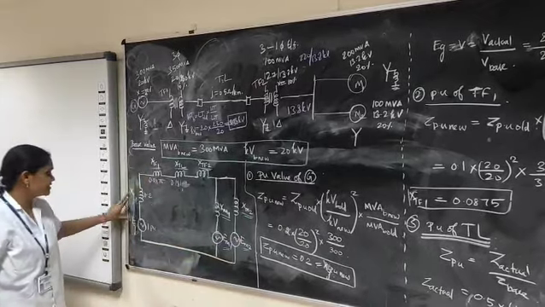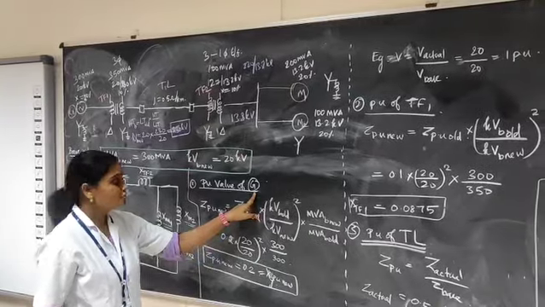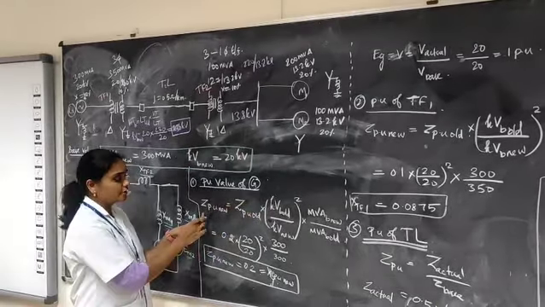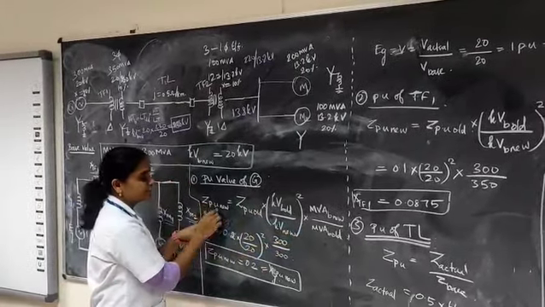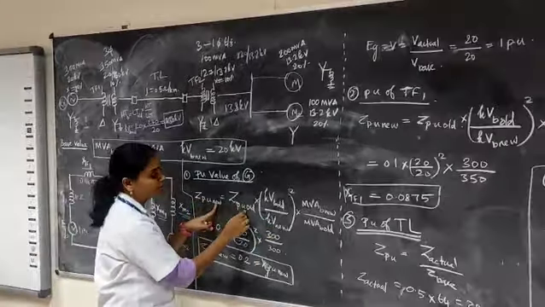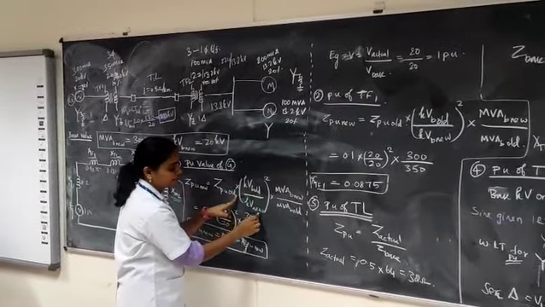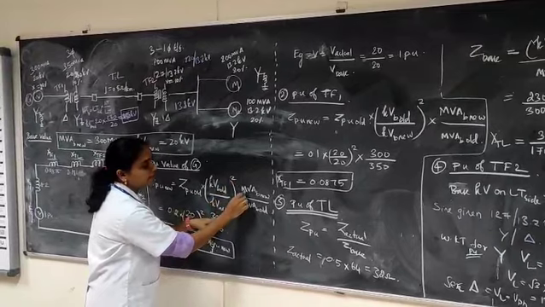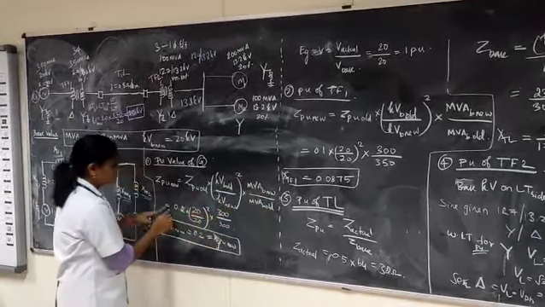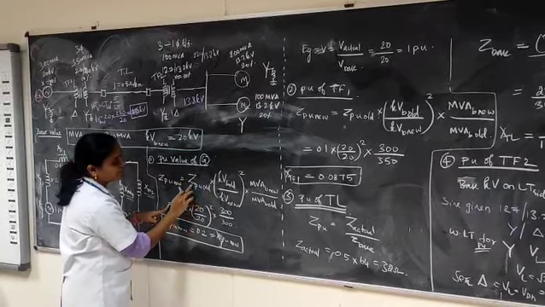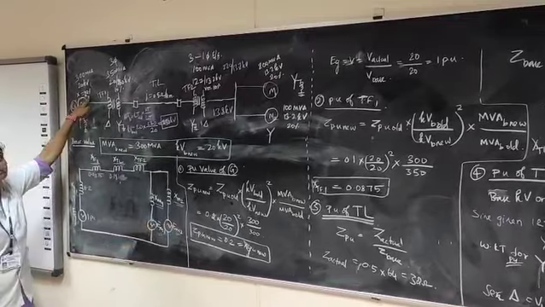So, let's start with the generator, the per unit value of the generator. We already know the formula to calculate per unit for a generator: Z per unit new is equal to Z per unit old into (kVB old divided by kVB new) the whole square into MVAB new divided by MVAB old. Here the first component is Z per unit old, which we take from the given question.